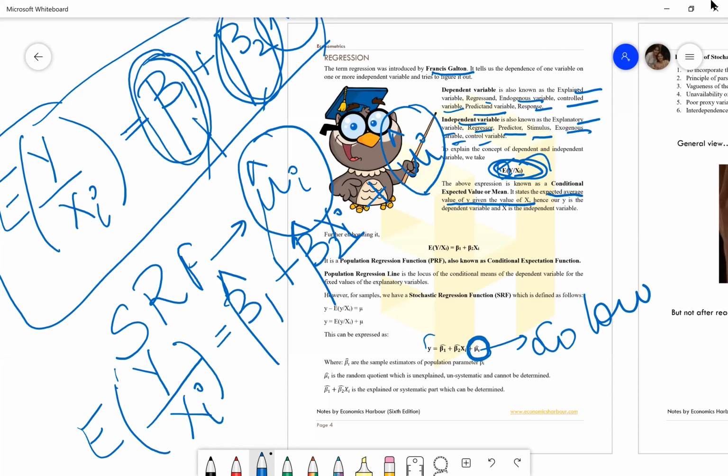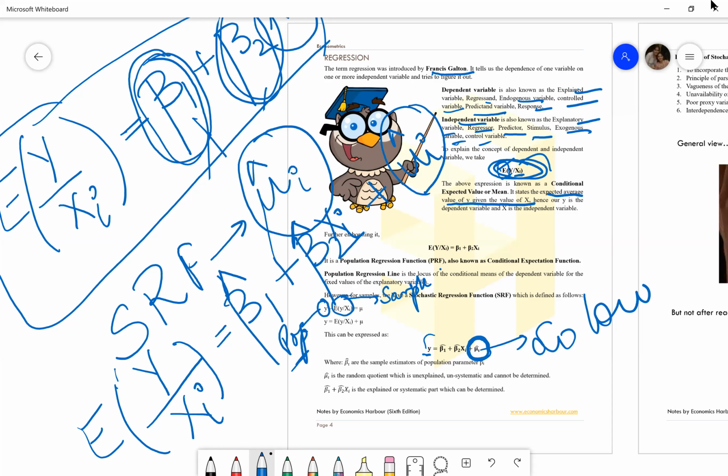Ma'am, here after the stochastic regression function, which is defined as follows, y minus E(y/xi) equal to mu. So what does this y mean? The first one? This is your population value. This y value is coming from your population and this value is coming from your sample. So here, in EY, we are taking into consideration small y. Small y, yes.